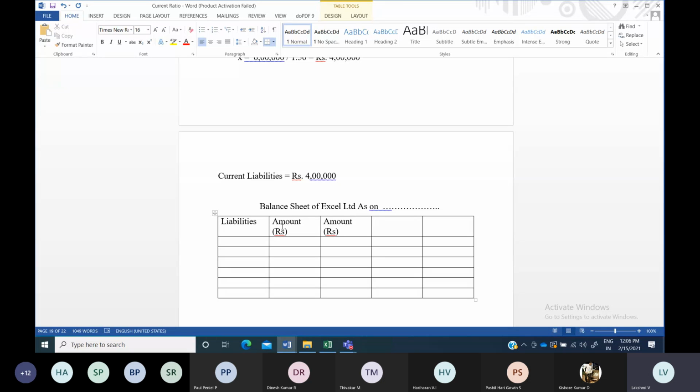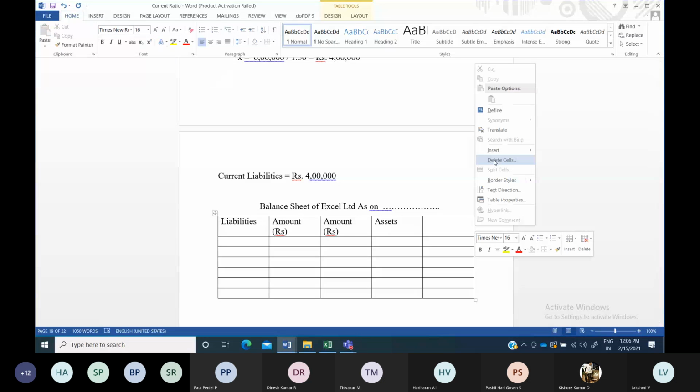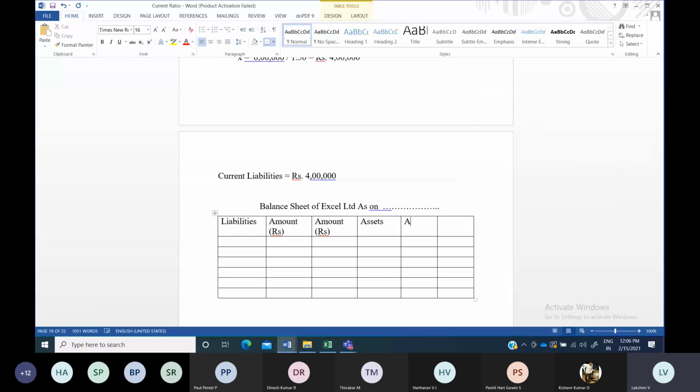And you will have an assets column, and you will be entering the amount column here also, the same thing. You will enter the final amount here.